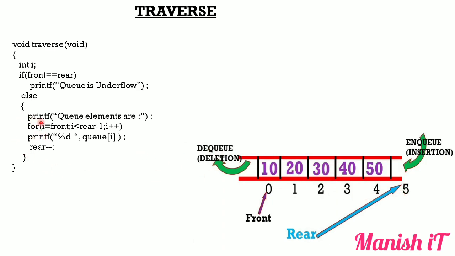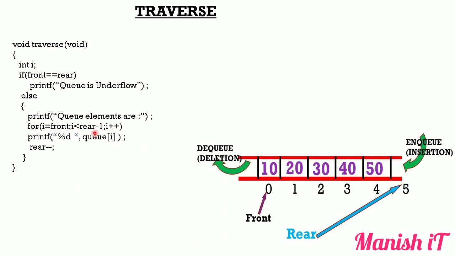So it simply prints the queue elements. We have to use a for loop, with i equals front, that means i equals 0, and i is less than rear minus 1. Rear is fifth, and 5 minus 1 is 4. So i equals 0 and i is less than 4.